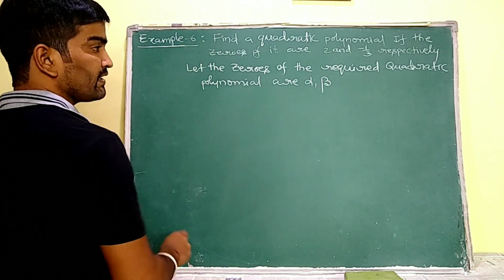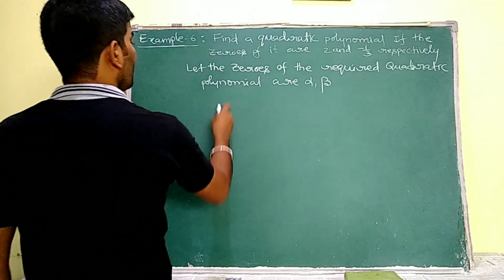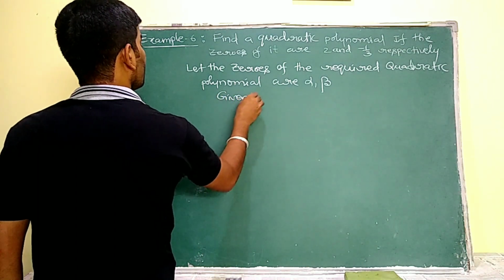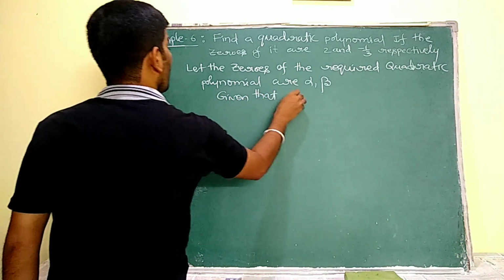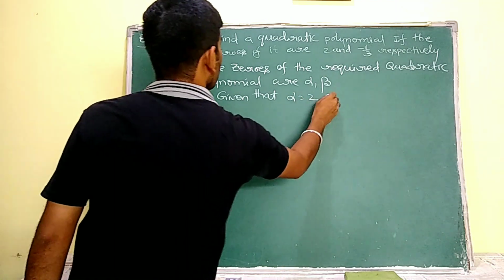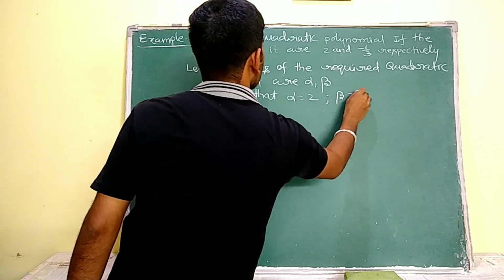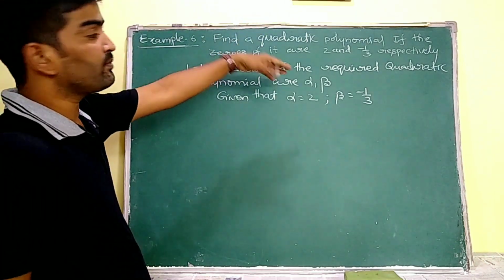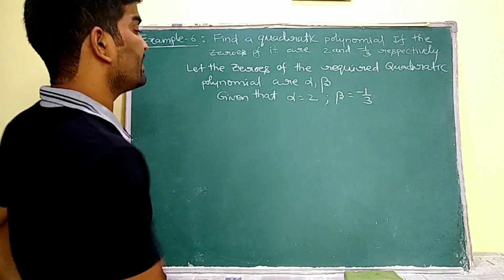Given that alpha is equal to 2, beta is equal to minus 1 by 3. Why? Because the zeros of the quadratic polynomial are 2 and minus 1 by 3.